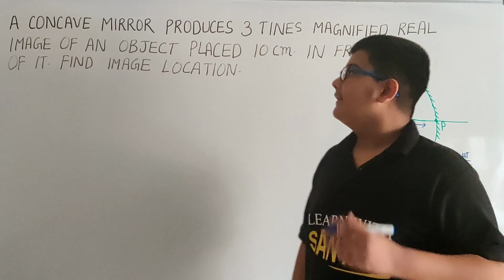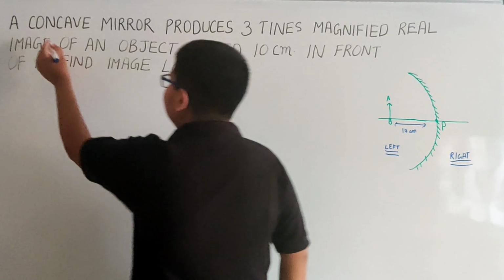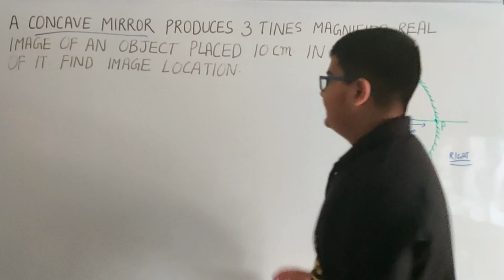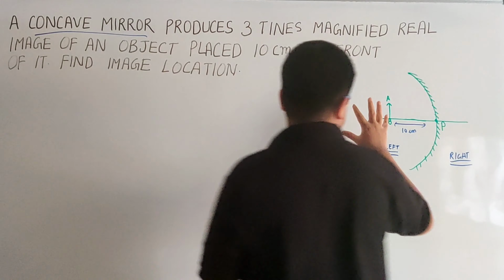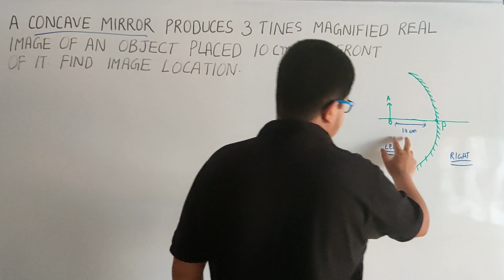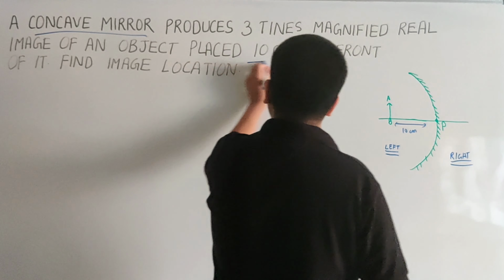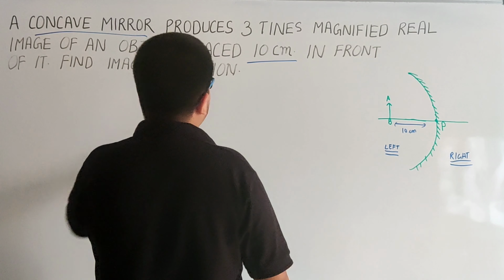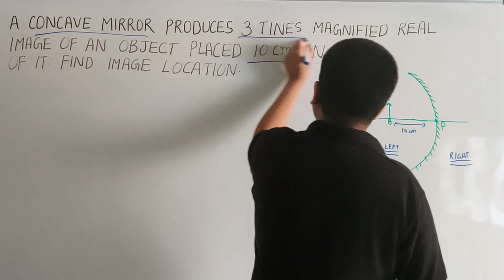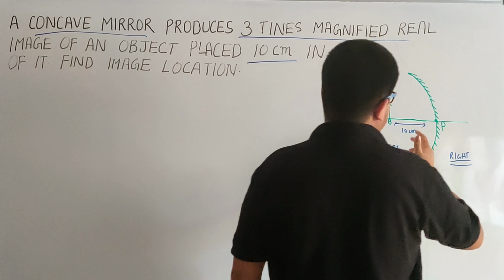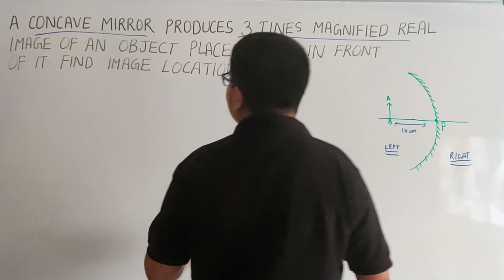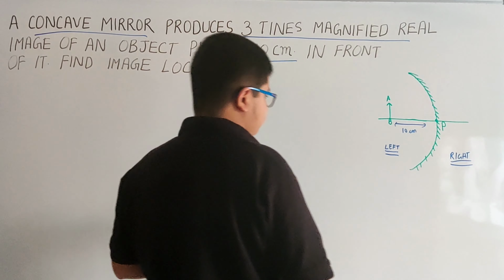So basically we have a concave mirror, and in front of it object AB is placed, 10 cm in front of it, and then the image is 3 times magnified. That is, the image that is being formed is 3 times magnified.